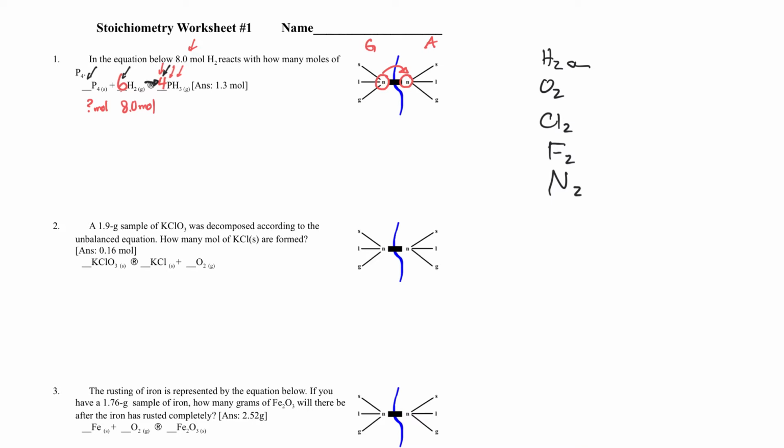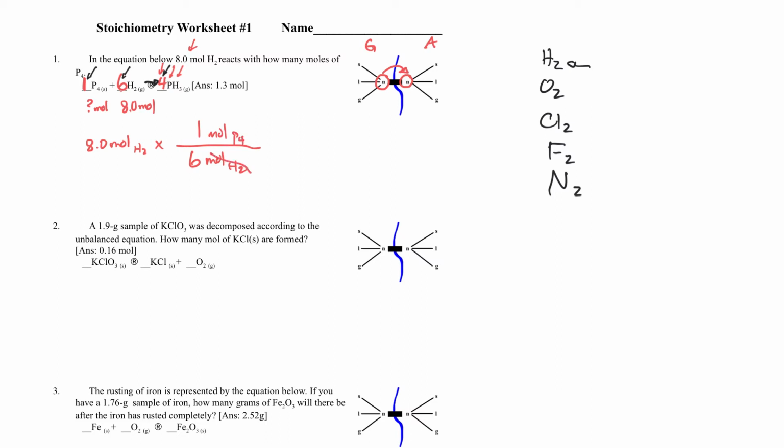So the step would be a ratio and proportion. You write down what you have, 8.0 moles of hydrogen multiplied by, okay, now I'll use my ratio up here. So it's 1 to 6. The one that I put on the bottom is the one I want to get rid of, so that's the hydrogen. So 6 moles of hydrogen react with 1 mole of phosphorus.